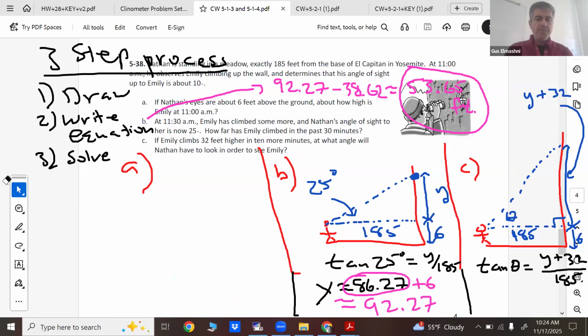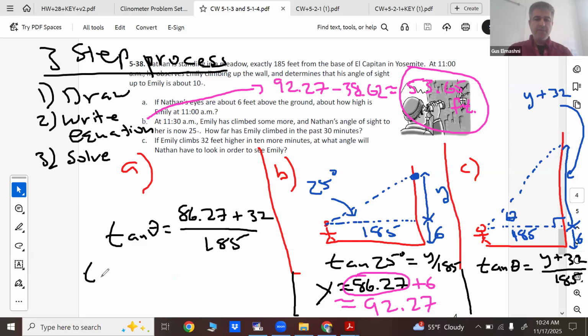So tan theta equals 86.27 plus 32 over 185. So tan theta is going to equal some wacko decimal, 0.639, whatever. It's going to be a little more precise by going out a few decimal places. Theta will be the inverse tan of that.